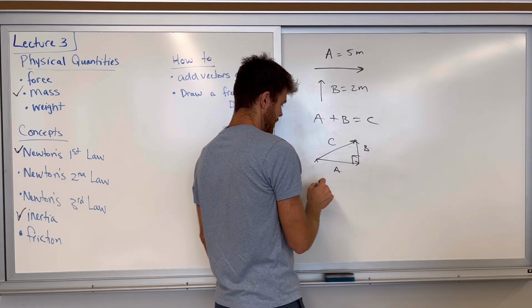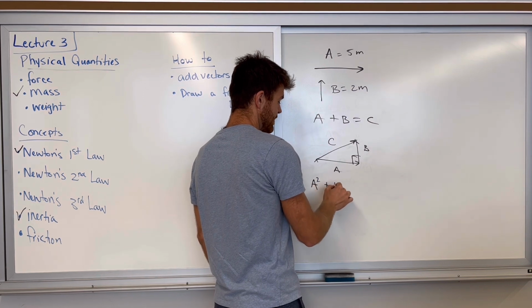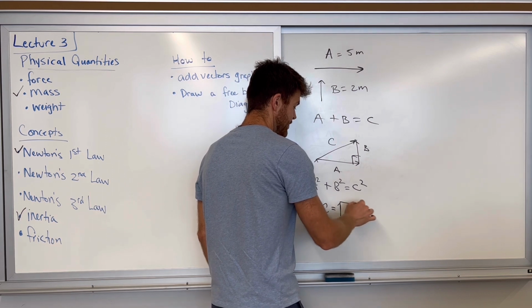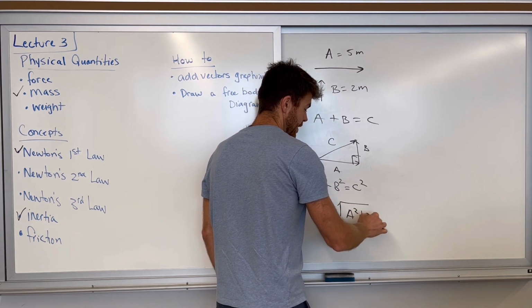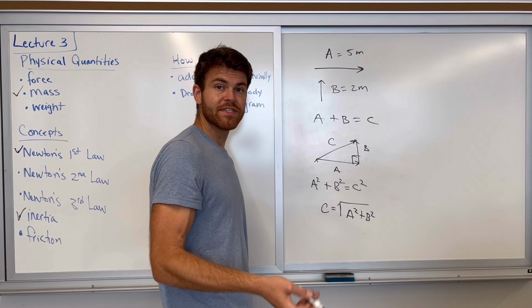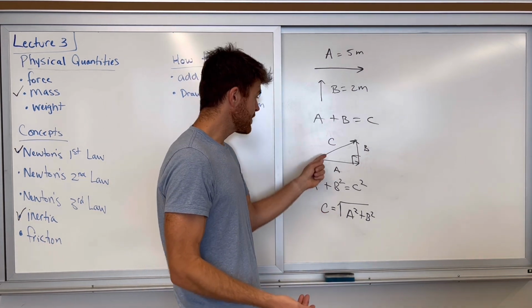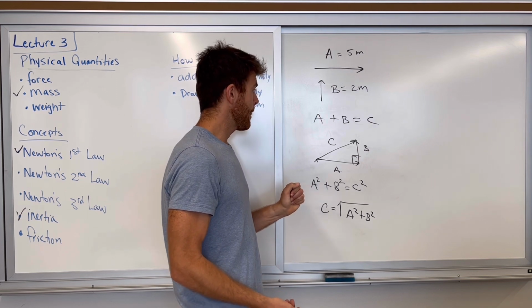Pythagoras' theorem: the length of A squared plus the length of B squared equals the length of C squared. So the length of C is the square root of A squared plus B squared. We can get the length of C that way only because vectors A and B are perpendicular to each other, and this makes a right triangle, right?